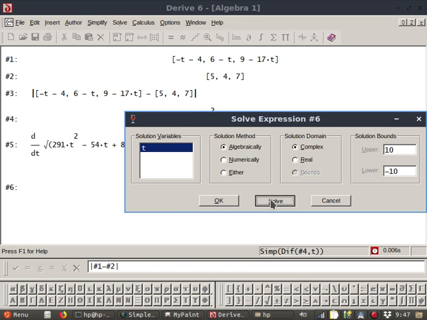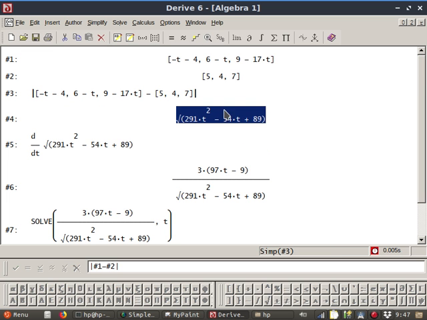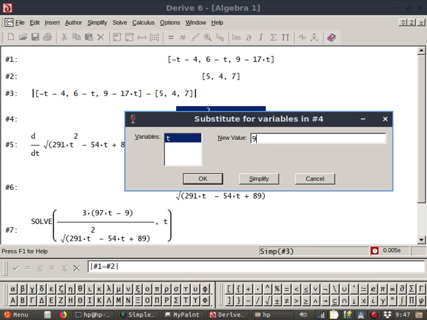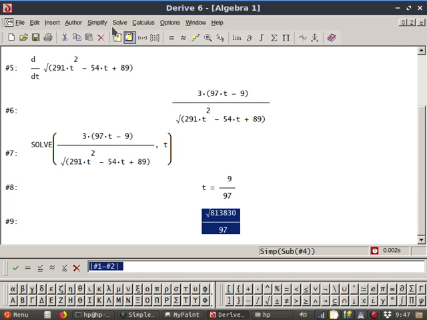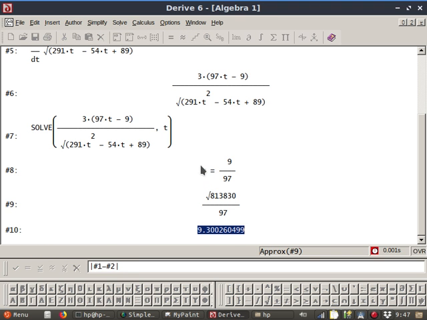What was our answer for t? Was it this? No. Okay, we made a mistake. So 9 over 97. Okay, so if I sub this in, can you fix the answer at the back? Or maybe this is the answer at the back.